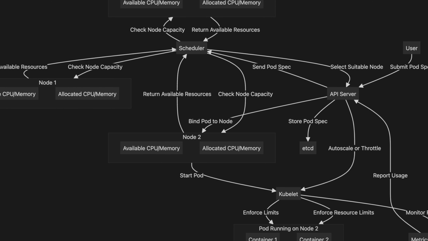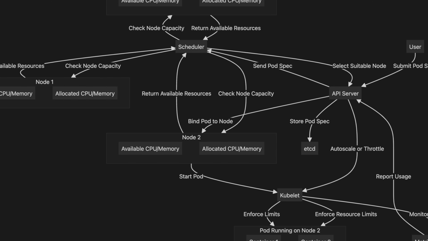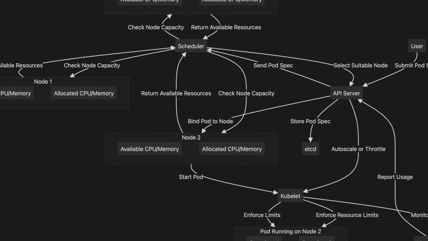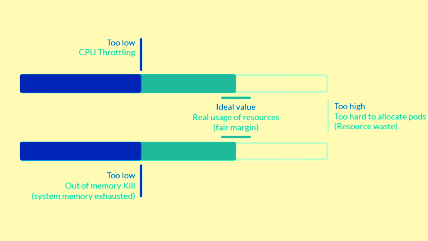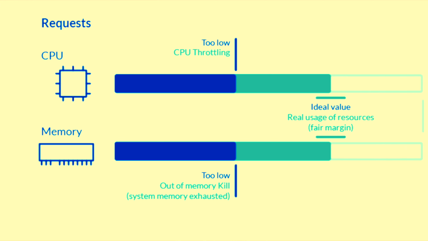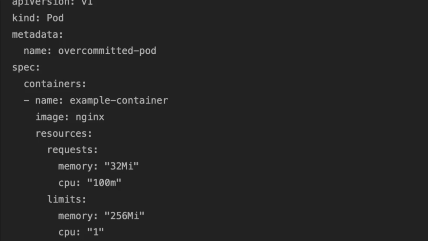Kubernetes also allows you to overcommit. You have a request, which is what Kubernetes bases scheduling on, and you have a limit. In this example, you have a pod which is requesting 32 MiB of memory and 100 milli CPU, but it is allowed to use up to 256 MiB of memory and 1 CPU.